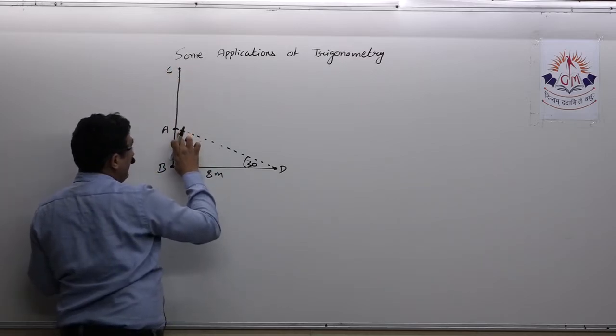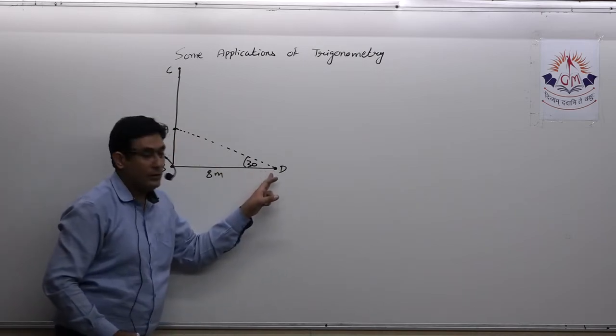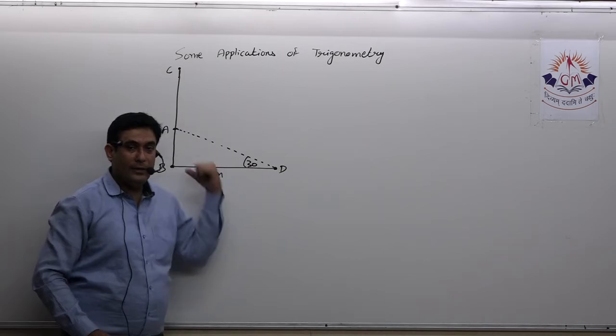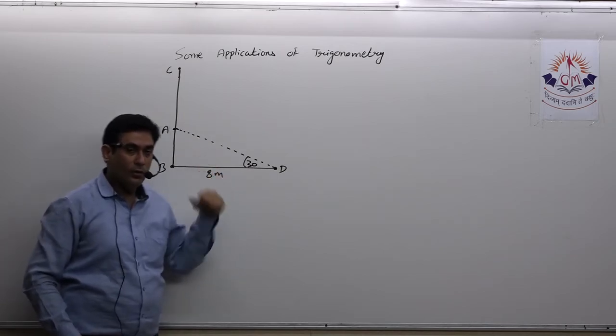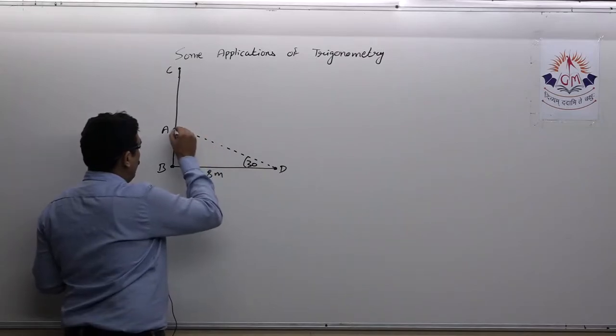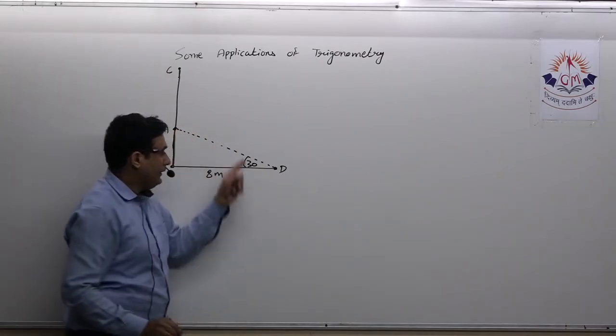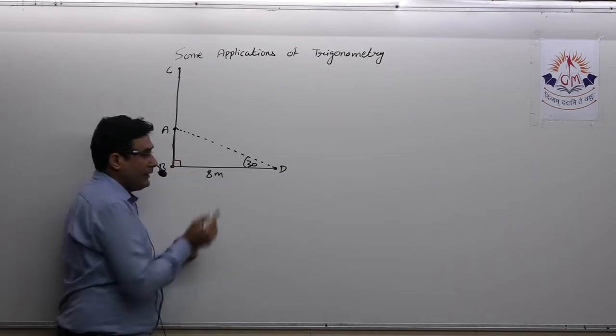That means I need this part of the tree AB as well as this broken part of the tree, and then by adding them I will get the length of the full tree, the complete tree. Okay, so now I have to concentrate on how to find this AB. See, in this triangle, obviously I will consider this as 90 degrees.